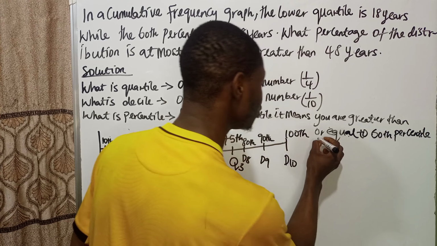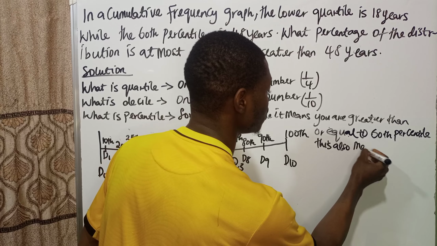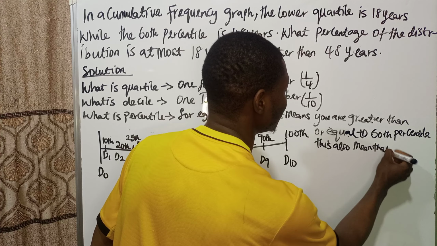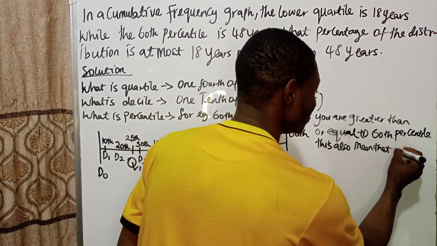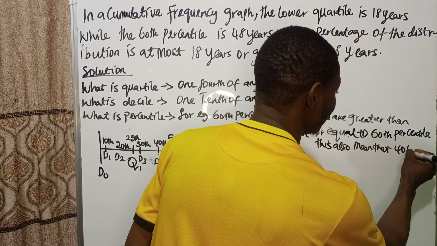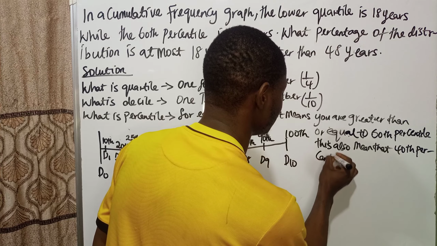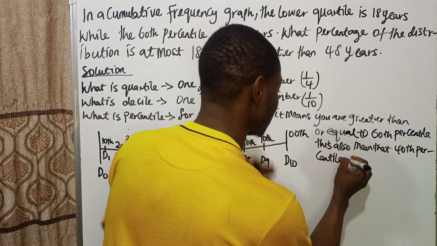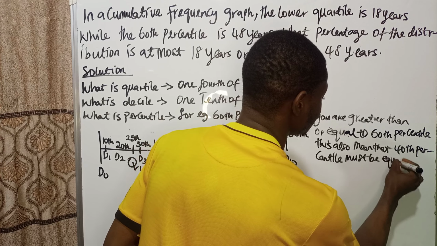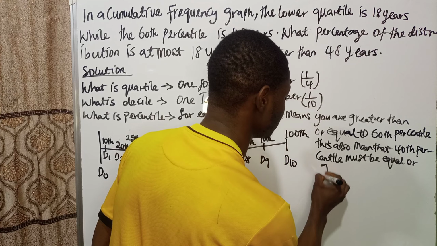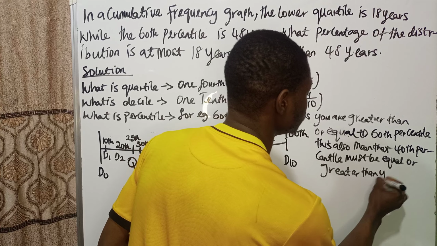Percentile. This also means that 40% must be equals to you or greater than you. This also means that 40th percentile must be equal or greater than you.